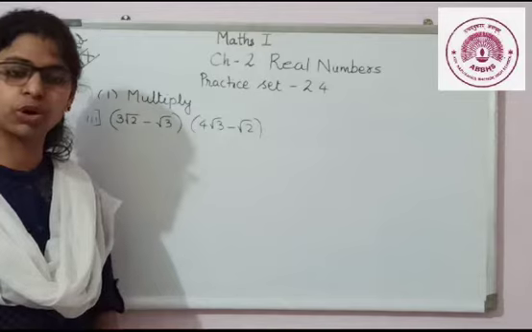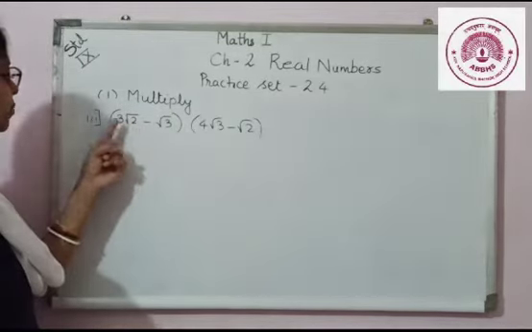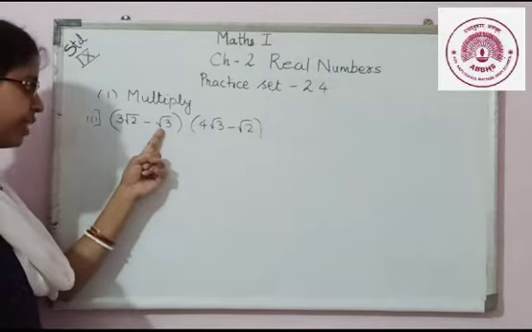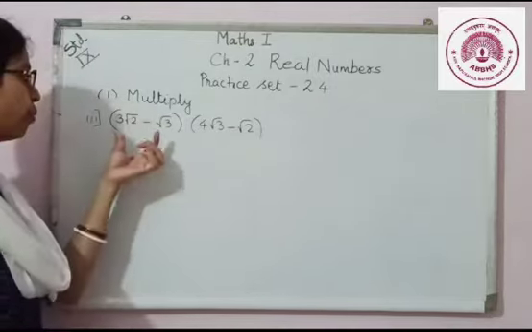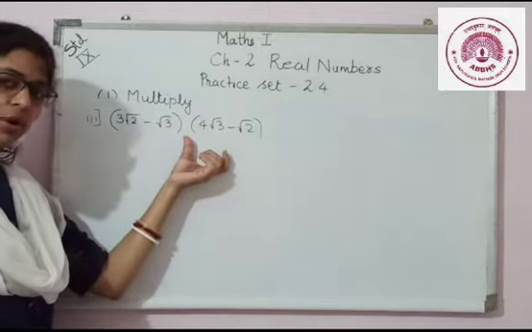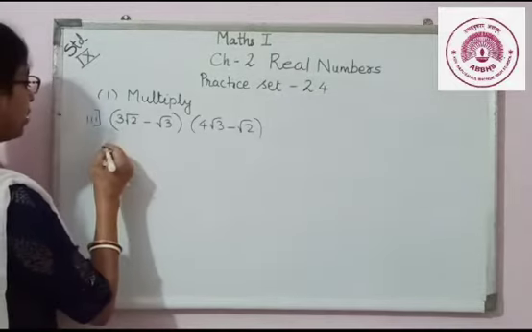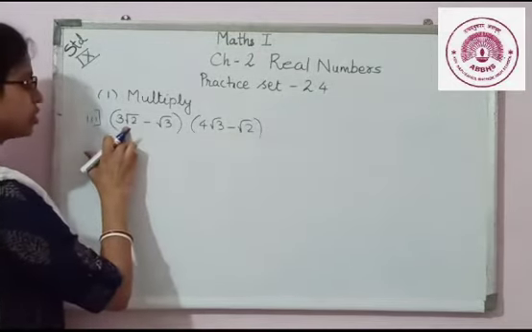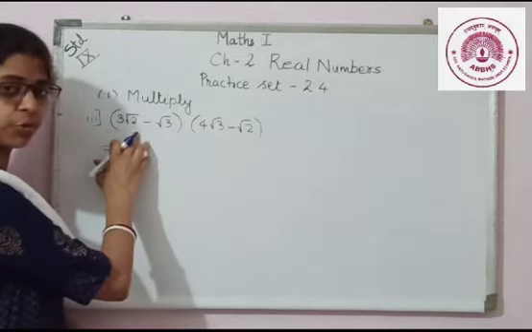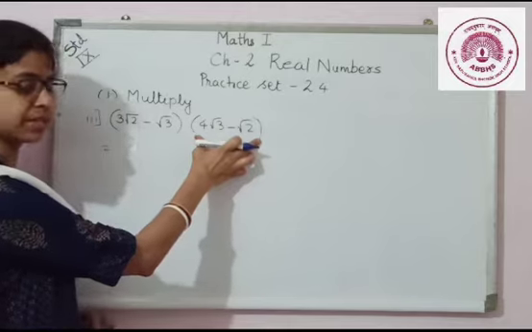Okay. Let's solve one more question. So here we have to multiply 3 root 2 minus root 3 by 4 root 3 minus root 2. Here both are binomial quadratic terms. Okay. So let's multiply them. Now here we have to open the bracket. So we will multiply the first term of the first binomial quadratic set with the whole second binomial quadratic set. Okay.